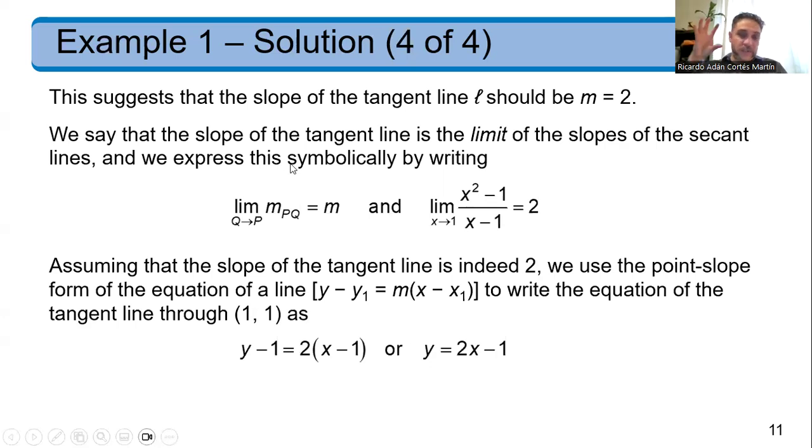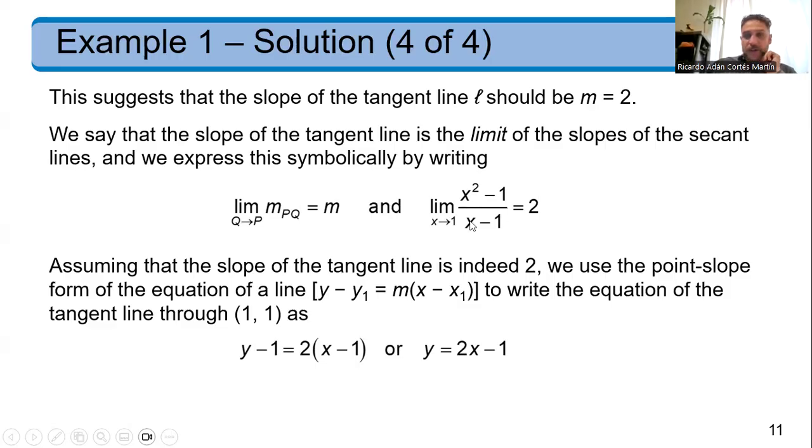So as we are doing this process of getting close, but without touching the x value of 1, what we say is as we are doing a limit. We are trying to get the limit of this slope as the point Q approaches the point P. Or another way is the limit as x goes to 1 of this quantity, okay?